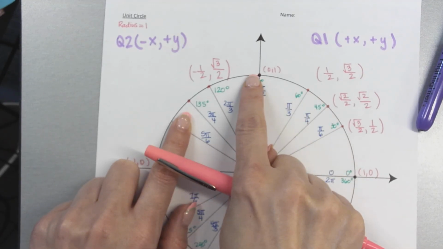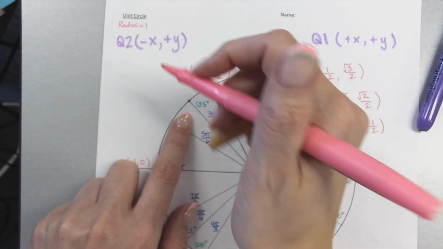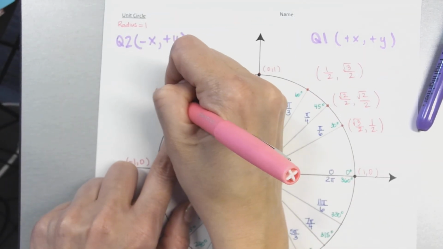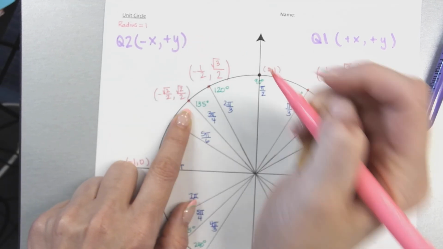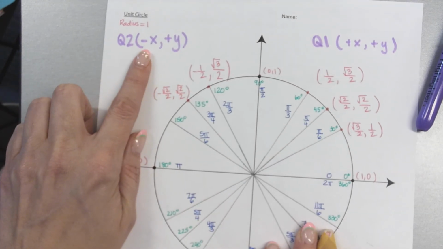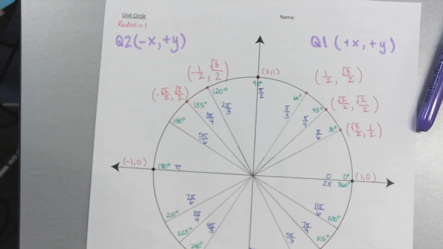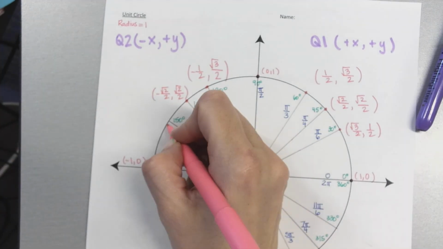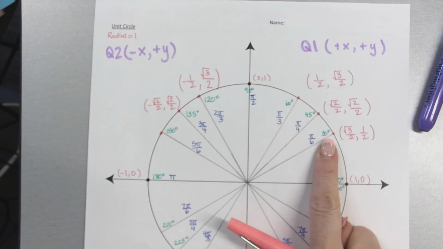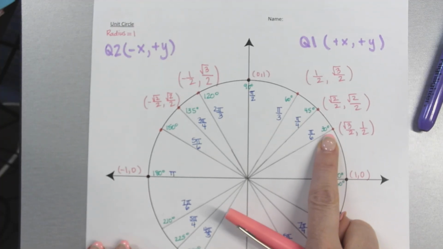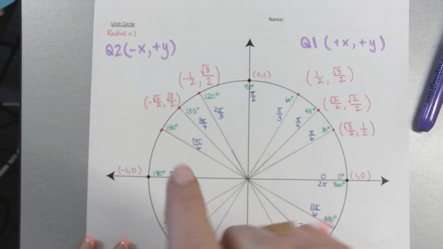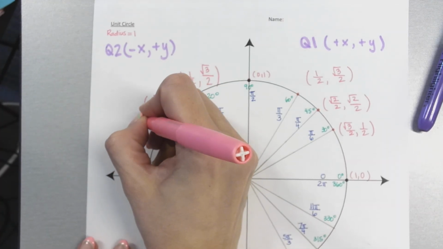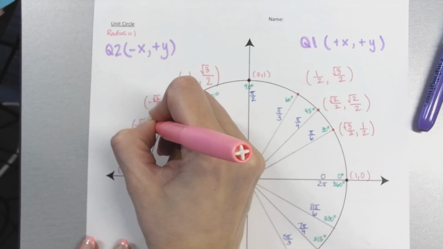So if I go 45 degrees in the other direction, now I have negative root 2 over 2 and positive root 2 over 2 because it's going to fit this. So a negative x, a positive y. Okay, and then here I will reflect the 30 degrees, so it's 30 degrees from here. So I'm going to do negative root 3 over 2, 1/2.